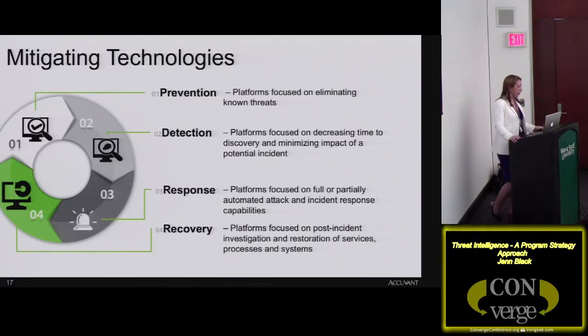But they will do things like query a large volume of workstations to find out which one of these is not like the others and which one does not belong. Response are the forensic platforms and tools which help investigate potential incidents and gather evidence. Some of the endpoint platforms we found can do response on the endpoint, but generally these tools work in conjunction with human interaction. There may be some automation in the area of remediation efforts.